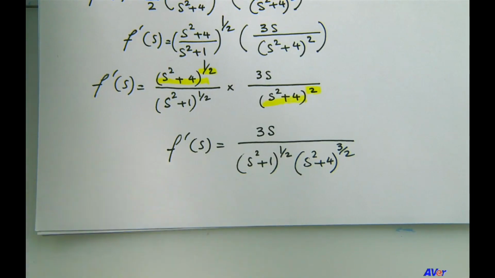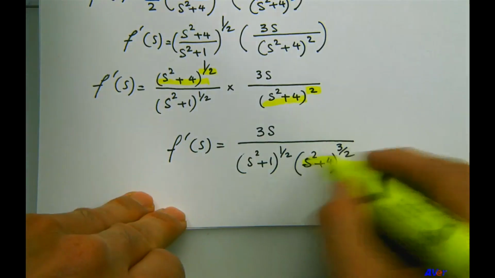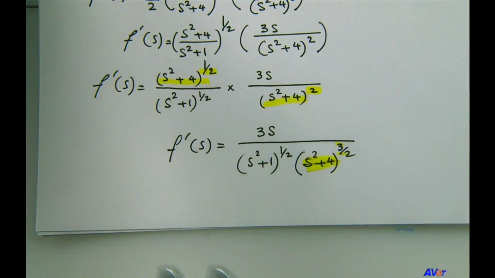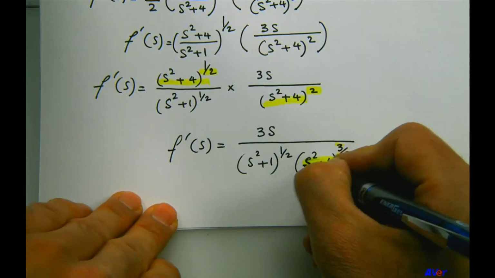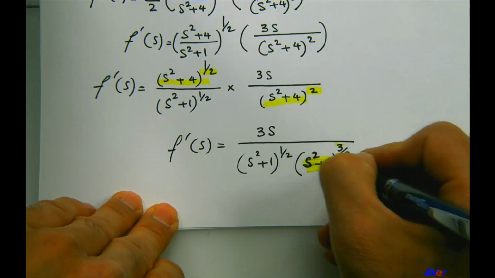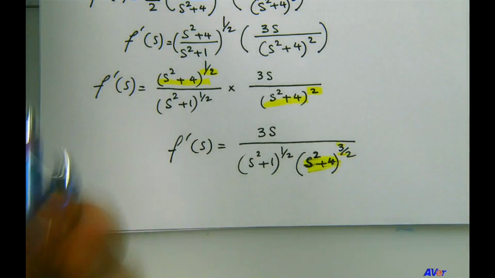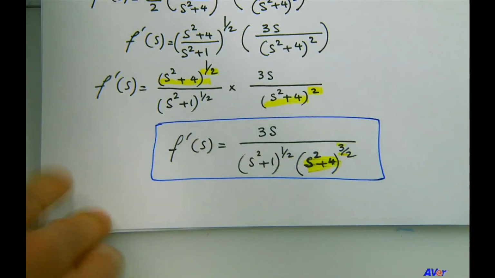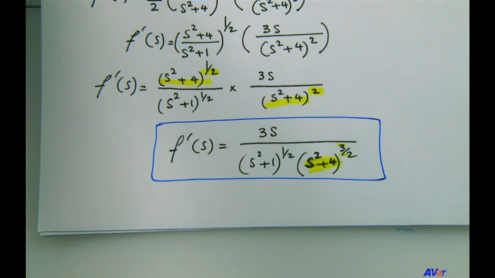Okay, so this is the result of combining those two. Okay, so this is as simplified an expression as we can get. If you want, you can rewrite this in radical form too. That'll be up to you. Okay.